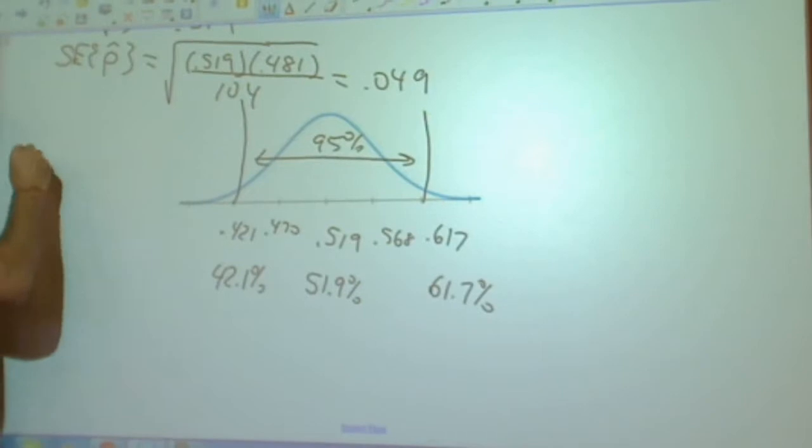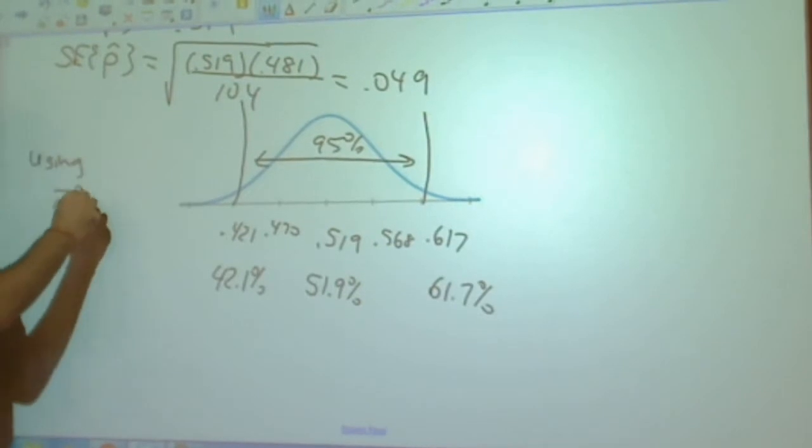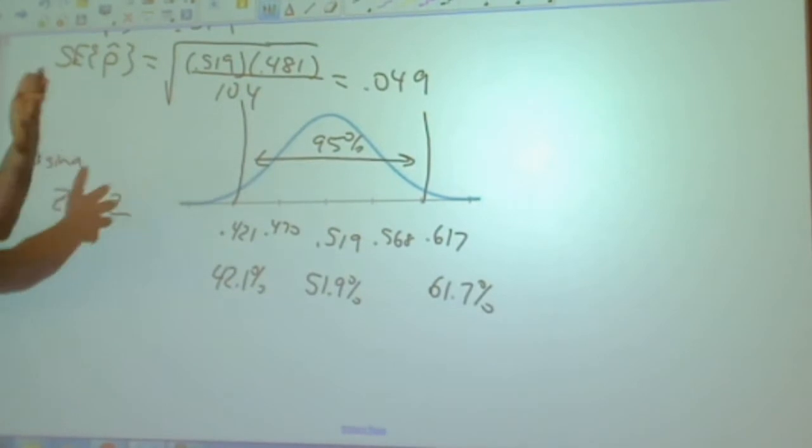Okay. So the book uses a Z star for 2. That's just how many sigma away am I. That's all it is.